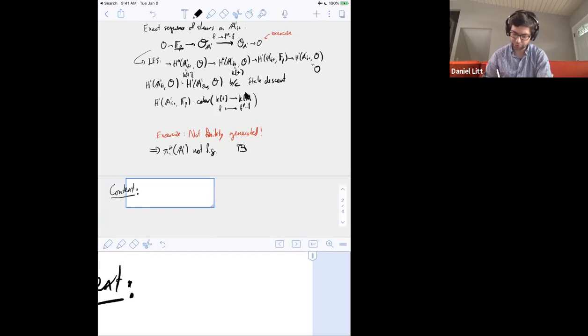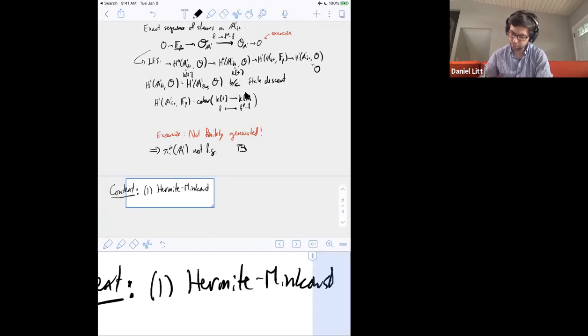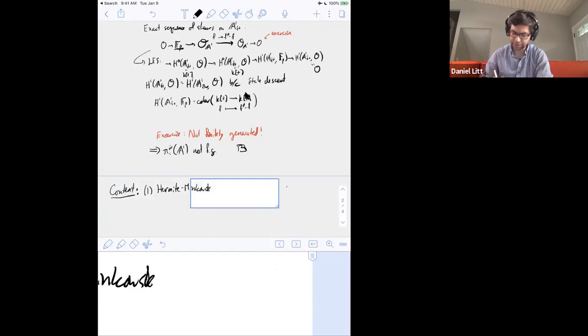I think the first such theorem is the Hermite-Minkowski theorem, which says that there are finitely many extensions of Q with bounded discriminant. So that's saying something like there are finitely many covers which are ramified with some amount of badness. So that's some kind of finiteness for the Galois group of Q unramified away from some points.